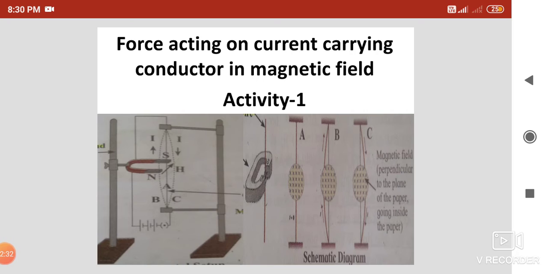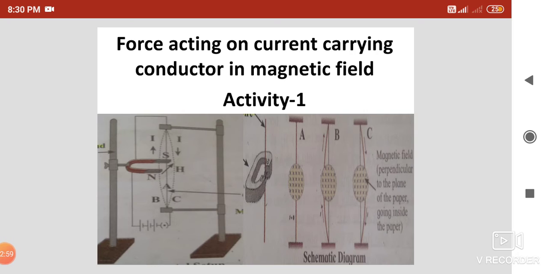Then you have to change the direction of current. How will you change it? You will change the poles of the wire which are joined to the electric cell. When the direction of current is reversed, now the current flows from bottom to top. This time also a force acts on the wire and the wire bends.